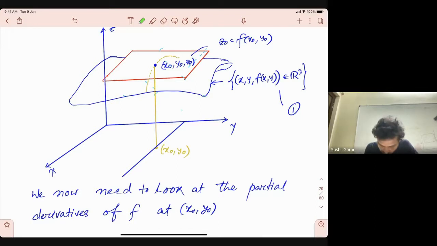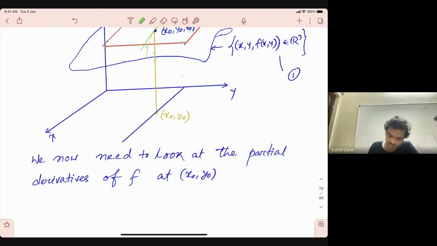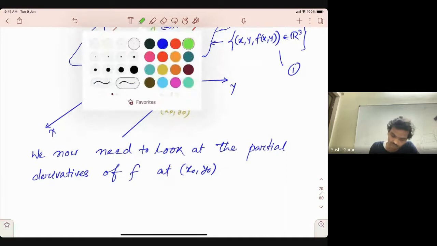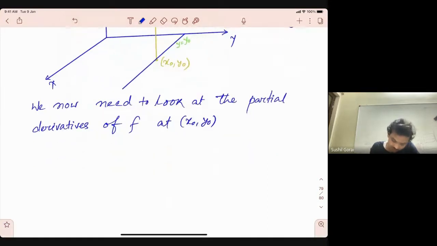Now look at this line, and try to think of this as a real line. Here in this line, y equals y naught. So we are considering the function x goes to f of x comma y naught.